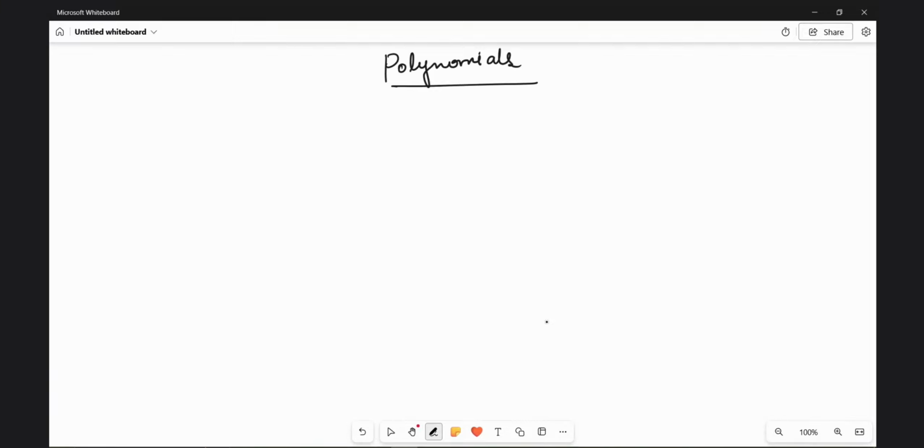Last class we did 4s square minus 4s plus 1. We will do the third problem in this now.